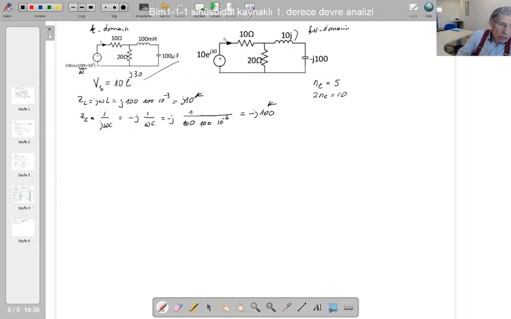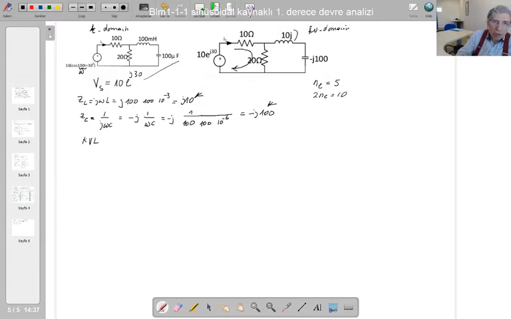So let me write the independent Kirchhoff voltage law equations first. Since there are two meshes here, there are two independent Kirchhoff voltage law equations that we can write. For writing these mesh Kirchhoff voltage law equations, we've got to choose a loop direction.